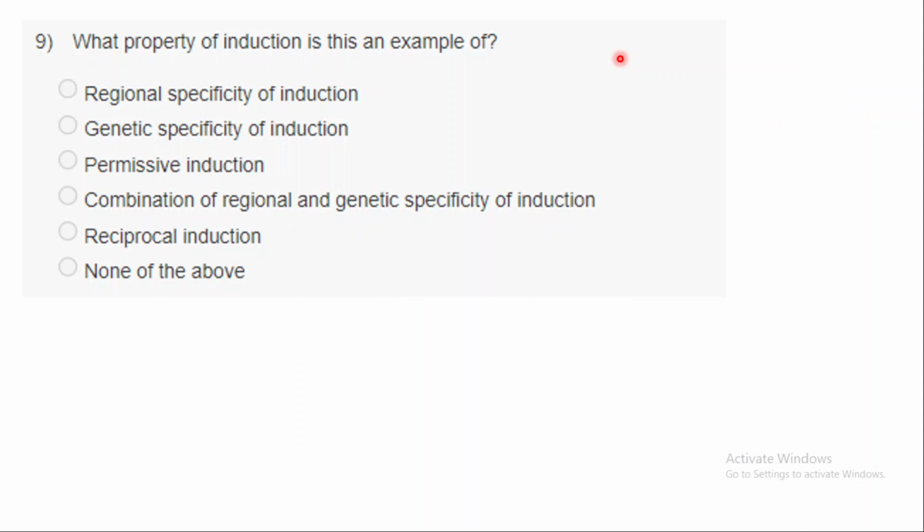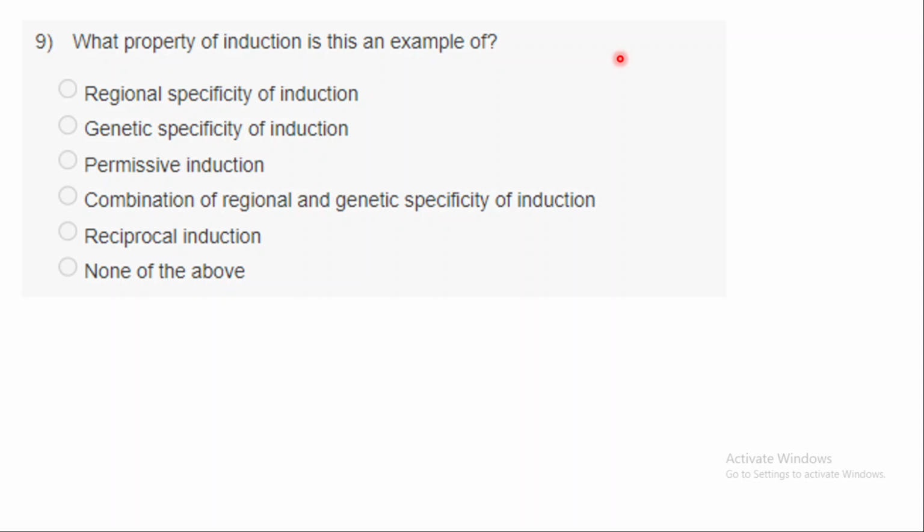What property of induction is this an example of? In this case, this is the induction problem that we faced earlier, the wing thigh mesenchyme with the wing epithelium. So what property of induction is this an example of? Option A, regional specificity of induction.